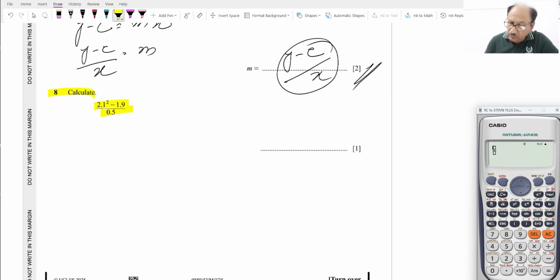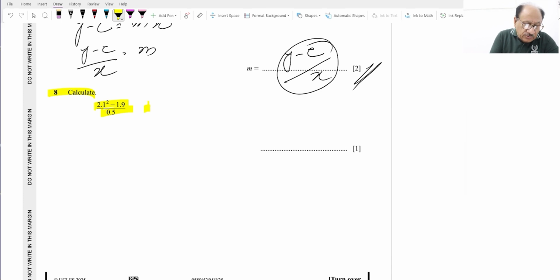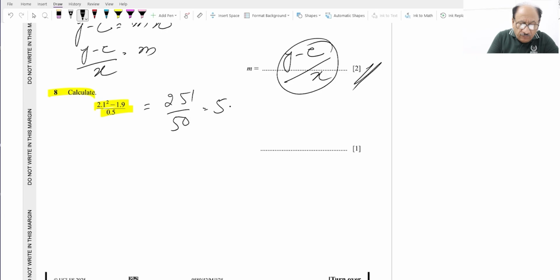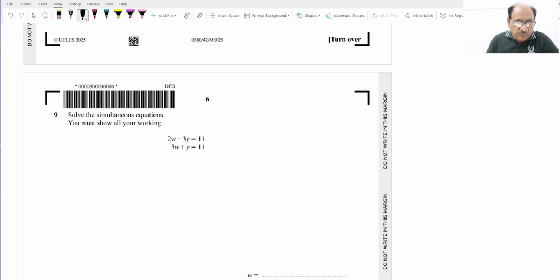So fraction, this will be 2.1 square minus 1.9, and divided by 0.5, and this is equal to 251 over 50, and the decimal value if you want to take, then that will be 5.02. So 5.02 is our answer at the proper place, and this is for a 1 mark question.